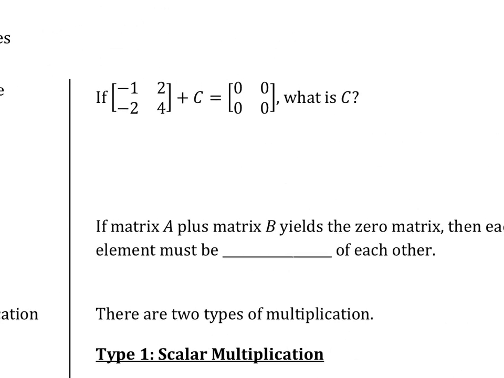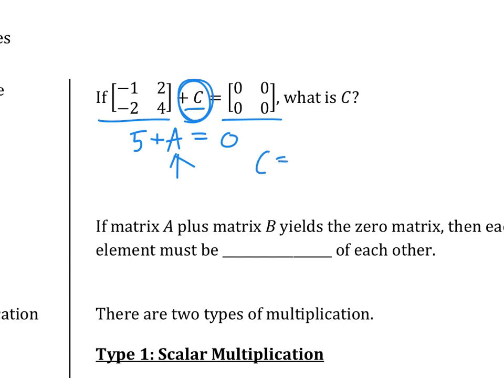Now, additive inverse. So kind of go in the other direction. If a matrix plus C matrix is going to give you the 0 matrix, what must be the C matrix? So kind of using the same example, if 5 plus A is equal to 0, what must A be? Has to be negative 5, which means the C matrix must be everything that is opposite of the original matrix.